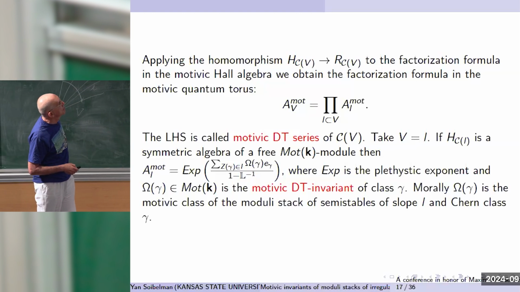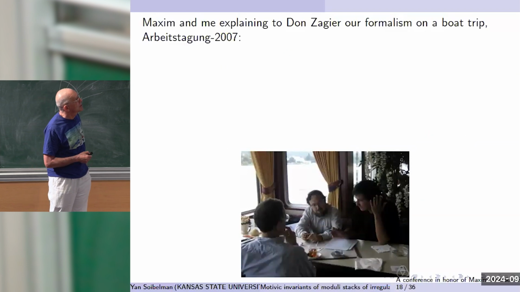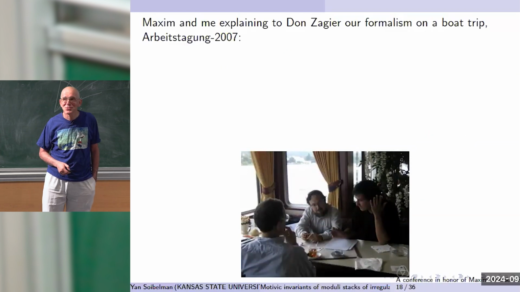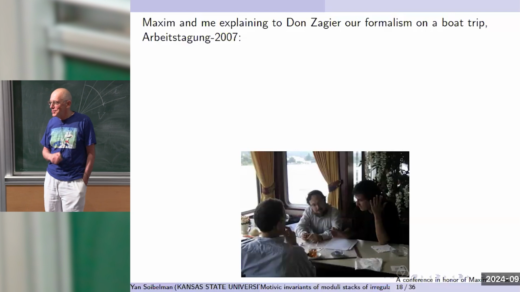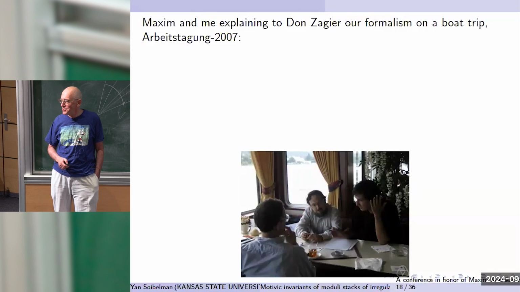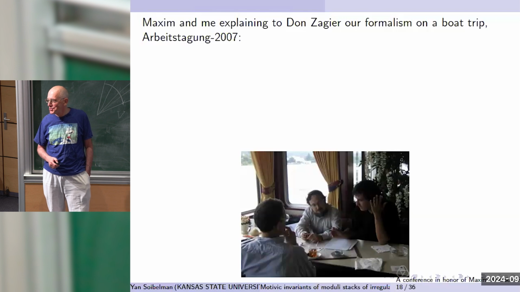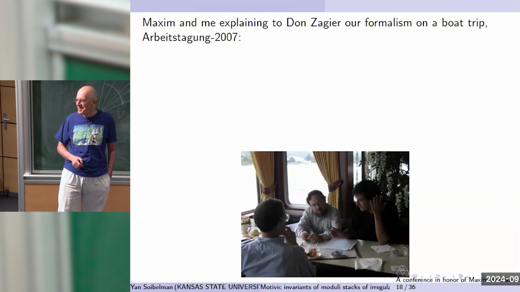Okay. So it's a difficult formalism, and so this is an illustration. So, Don, you are on the picture. Yeah, it's a historic photo, Arbeitstagung 2007, boat trip, Maxim and me explaining you our formalism. So by now I should understand.